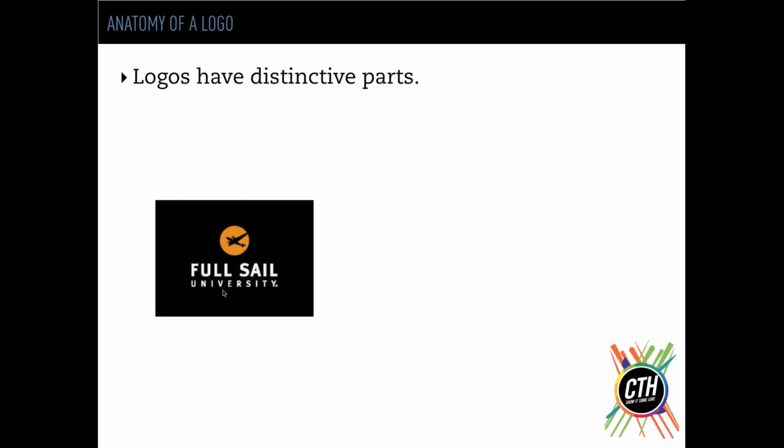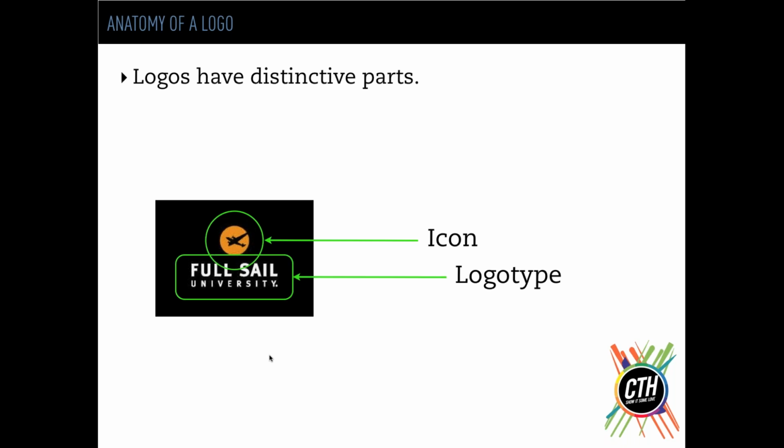Now, I didn't create this logo, but the structure of it is very functional and well done, and it follows a pattern that a lot of logos have in the modern world. It's made up of basically two parts. There's an icon, and then there's a logo type. The 4.0 assignment is strictly the icon. You're not doing a logo type yet. You're going to do that in the next part, the 5.0 assignment.